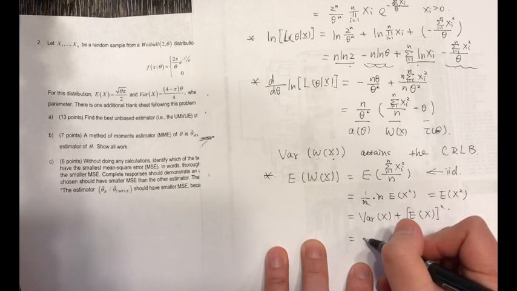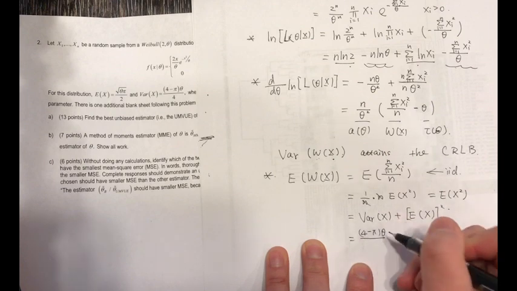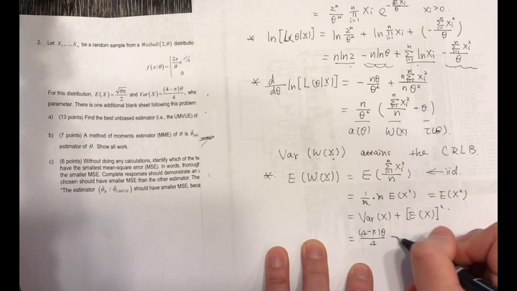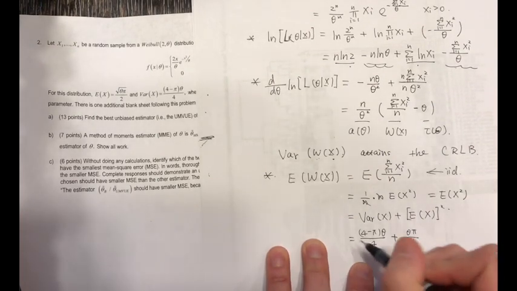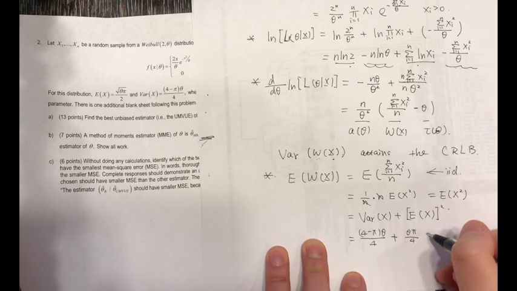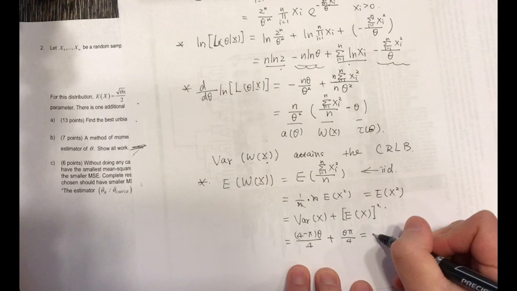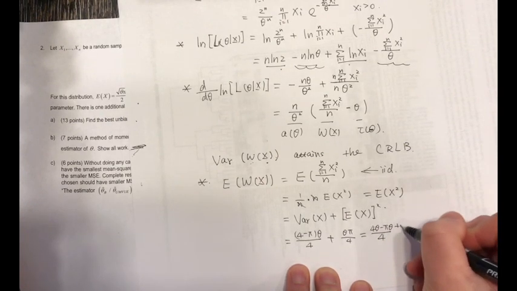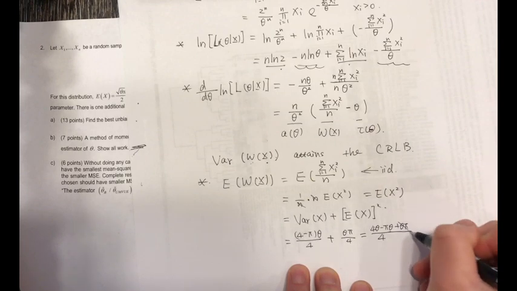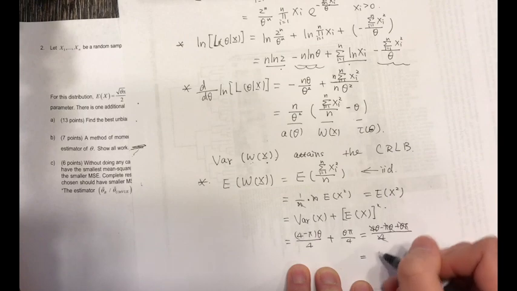So we have (4 minus pi) times theta divided by 4, plus theta pi over 4. The pi terms cancel out, and the 4 cancels out.